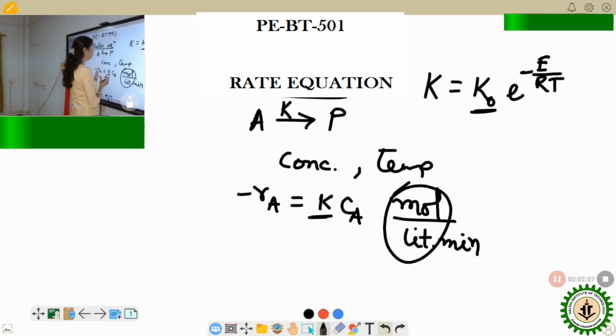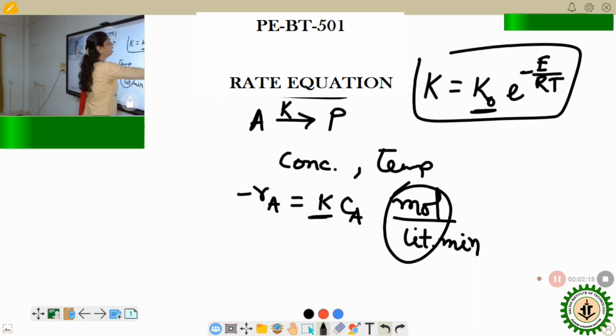So here we can find the temperature dependency. So rate depends on temperature and concentration of the reactant. Today we will talk about this K.